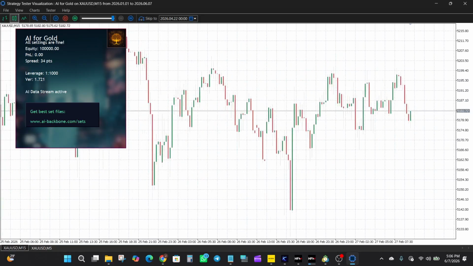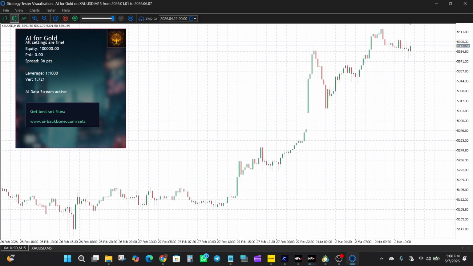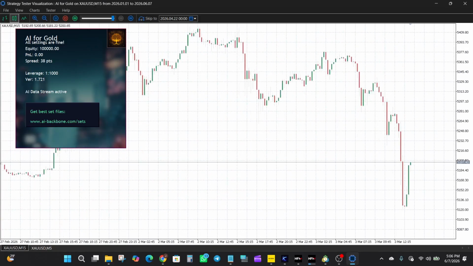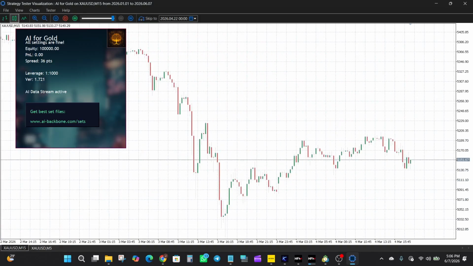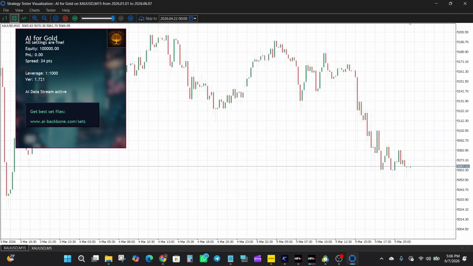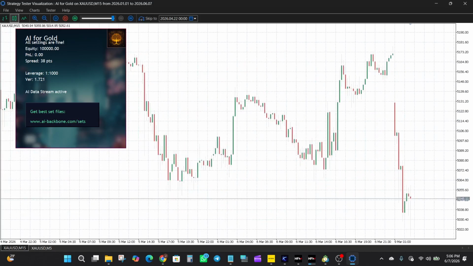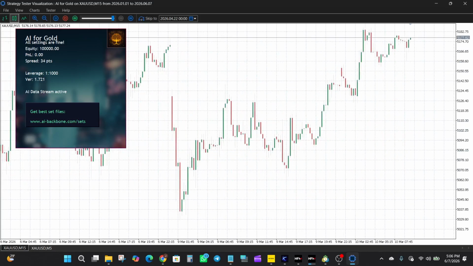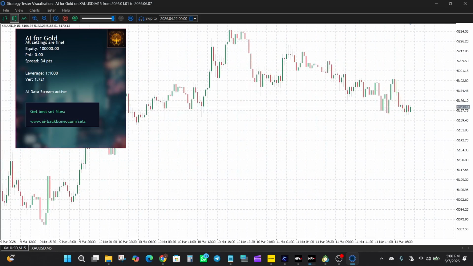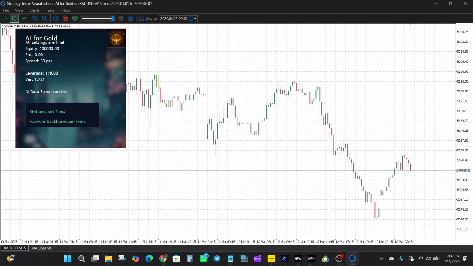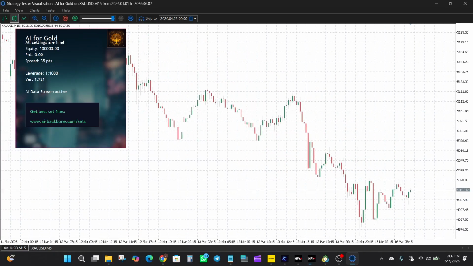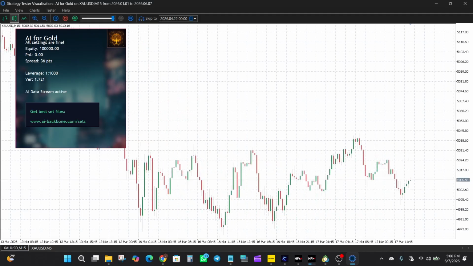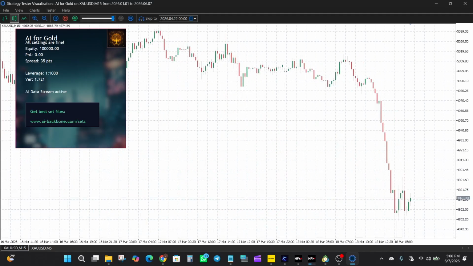As always, it is important to remember that historical analysis does not guarantee future performance. Results can vary significantly depending on risk configuration, lot size, broker execution quality, spread conditions, slippage, and overall market volatility.